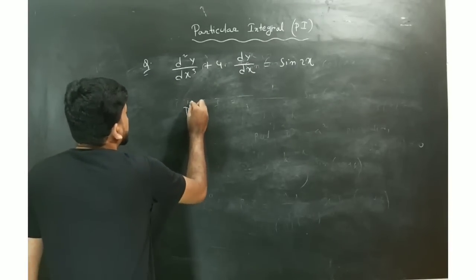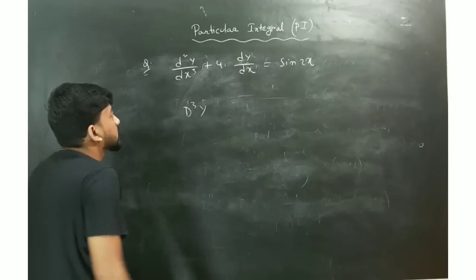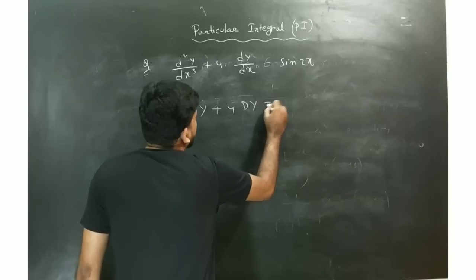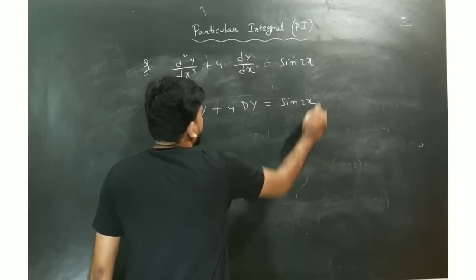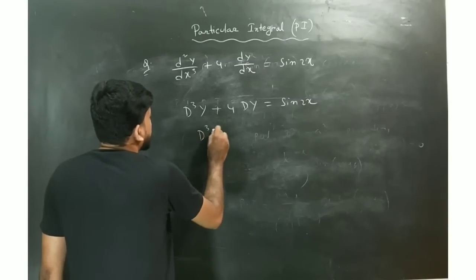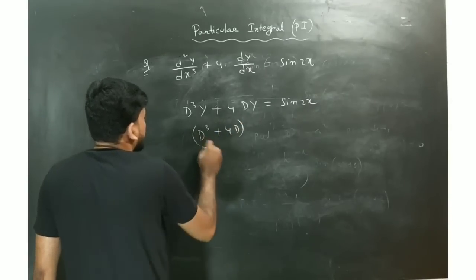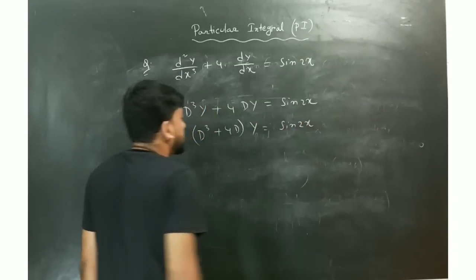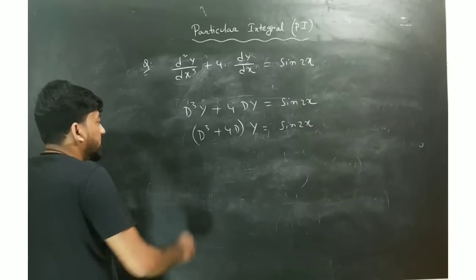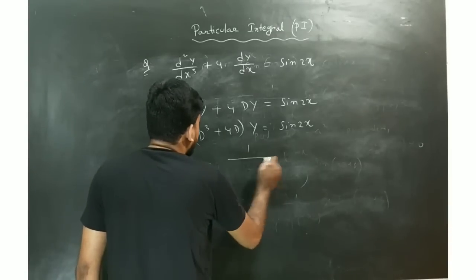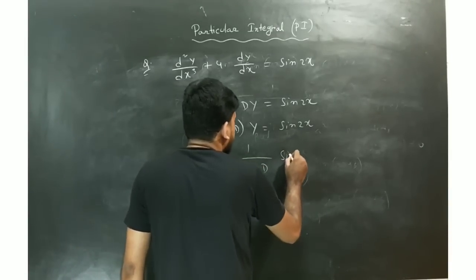So it will be D cube y plus 4D y equal to sin 2x. If you take y common, then it will be (D cube plus 4D) into y equal to sin 2x. So your particular integral will be what? 1 upon (D cube plus 4D) into sin 2x.